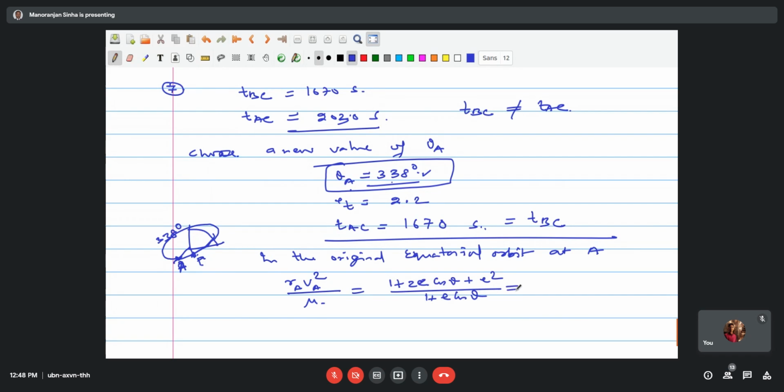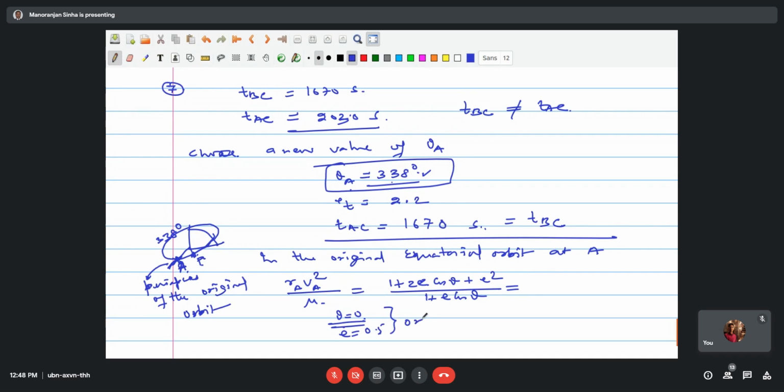We use this equation in the original orbit. So for the original orbit, this position was periapsis itself of the original orbit, and therefore theta equal to 0. And the orbit eccentricity is given to be 0.5.